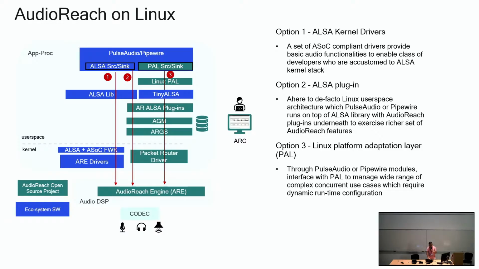So we also provide this platform adaptation layer option, PAL, for people that want to run pretty complex concurrent use cases that a lot of times require dynamic reconfiguration, such as if you plug in headsets, and then all of a sudden you have a Bluetooth device with much different capabilities. All these are managed inside PAL.